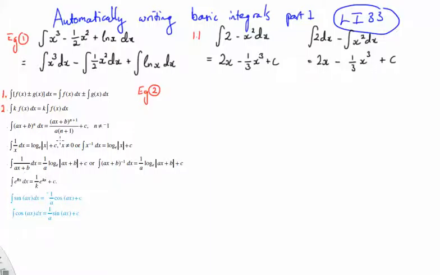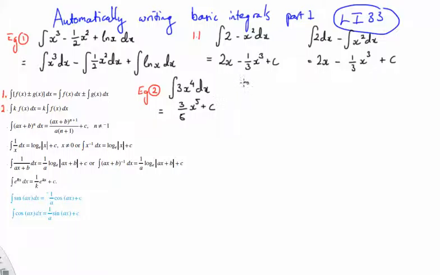So it's saying that if I have the integral of 3x to the power of 4, let's do that the normal way. Let's add 1 to the power and divide by the new power. So that's 3/5 x to the 5 plus c.